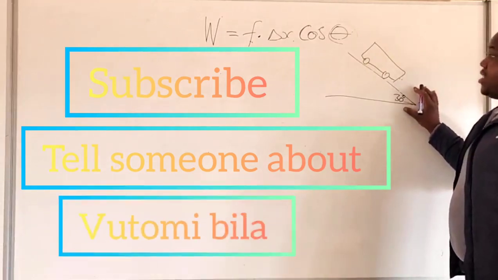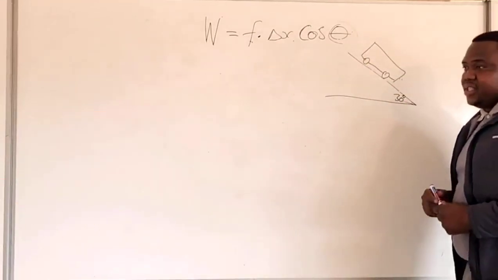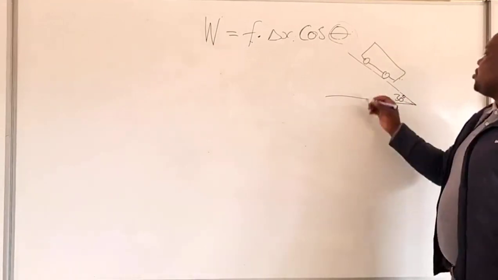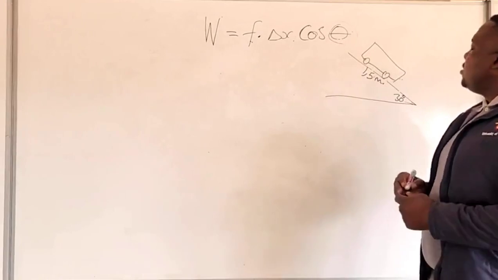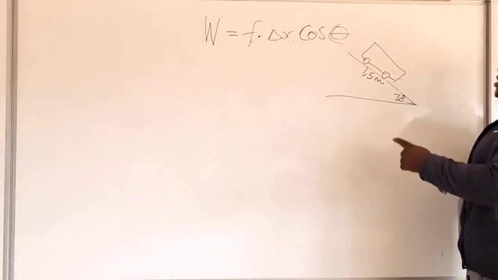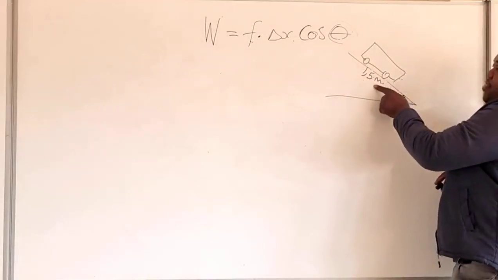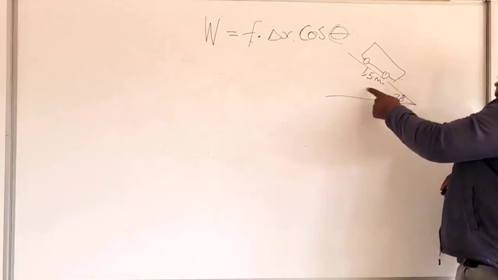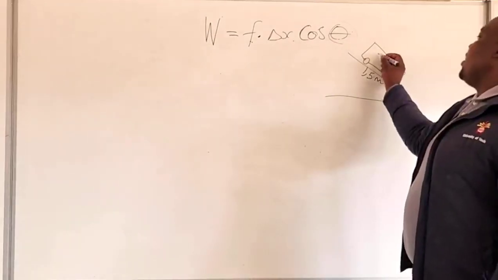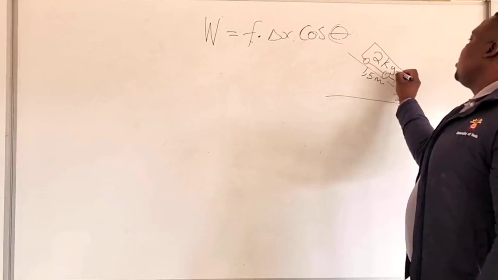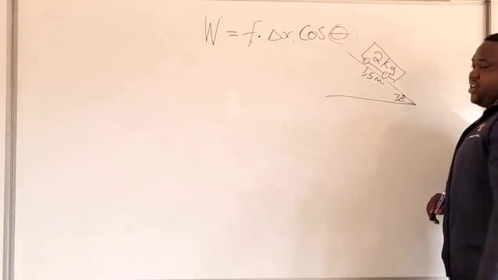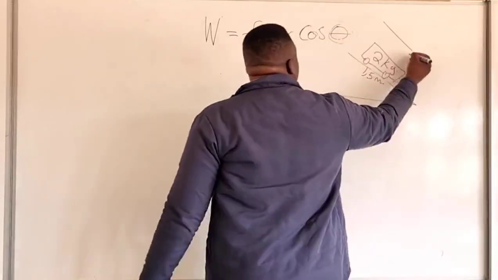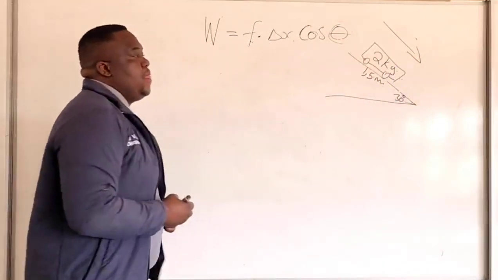As you can see, the cart is moving down. The displacement is 1.5 meters. It's moving down the incline. The mass of the cart is 2 kg, and it is moving down the incline.